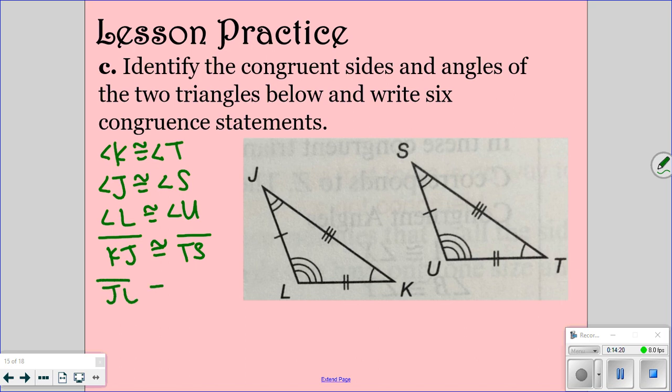JL is congruent to SU. And KL is congruent to TU. So that would be your 6 congruent statements.